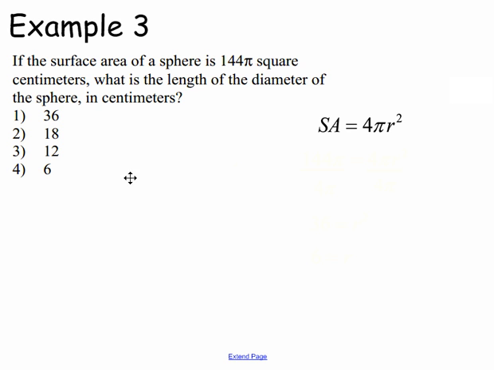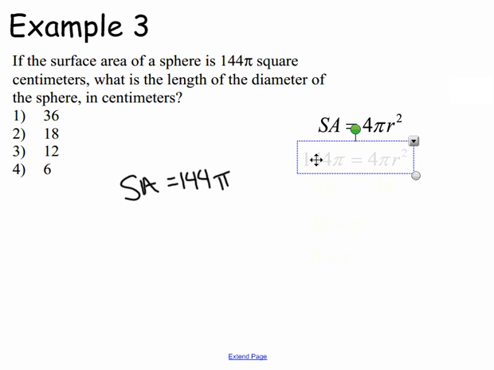We already know the surface area is equal to 144 pi, and I think that's all we've got. So we're going to substitute for the surface area with 144 pi, and you get 144 pi equals 4 pi r squared.